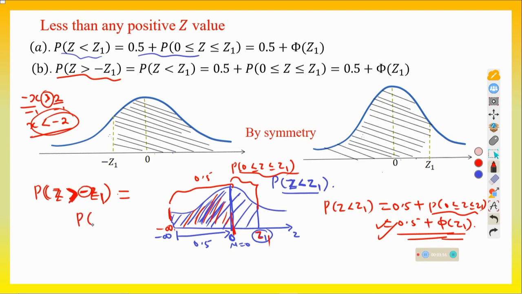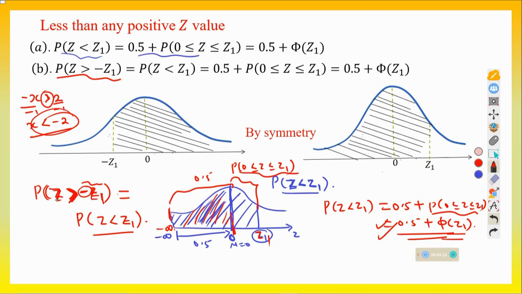So it means you will have z less than z1, meaning that instead of taking the value for z greater than negative z1, as I said, we shall be only considering positive values of z. So it is better to look at how best you can eliminate the negative sign.